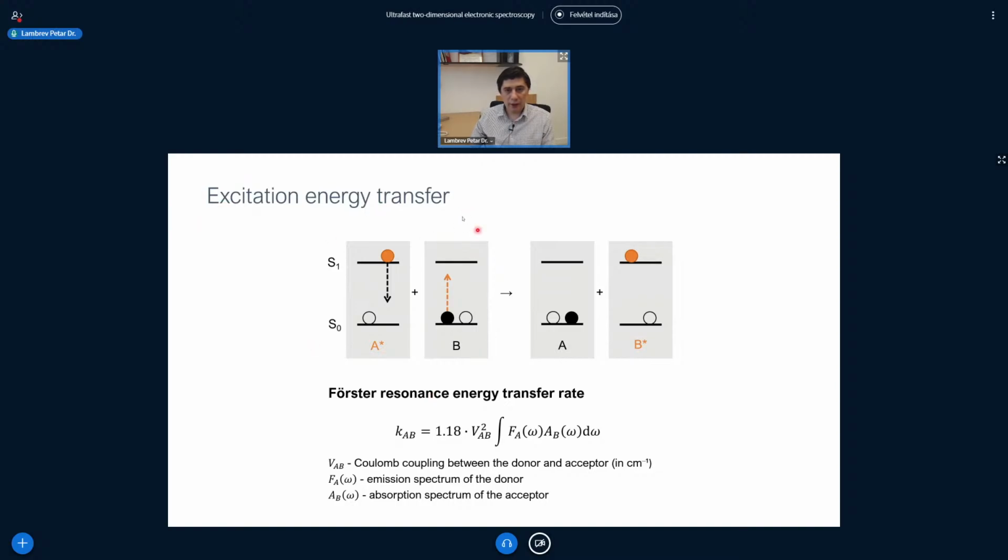That means if there are two similar molecules nearby so that they can feel each other, the excited acceptor molecule A here can relax to the ground state. At the same time, the other molecule B, which is a donor molecule, will be excited, and then the excitation effectively jumps from one to another. This is a familiar resonance energy transfer mechanism or Förster energy transfer mechanism, which has very many uses in nature, but also in scientific research.